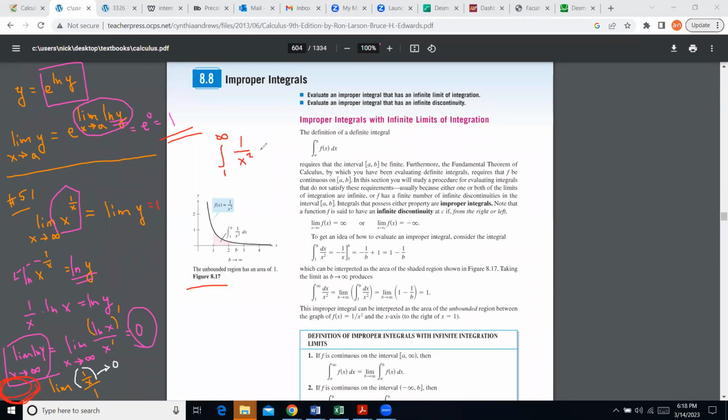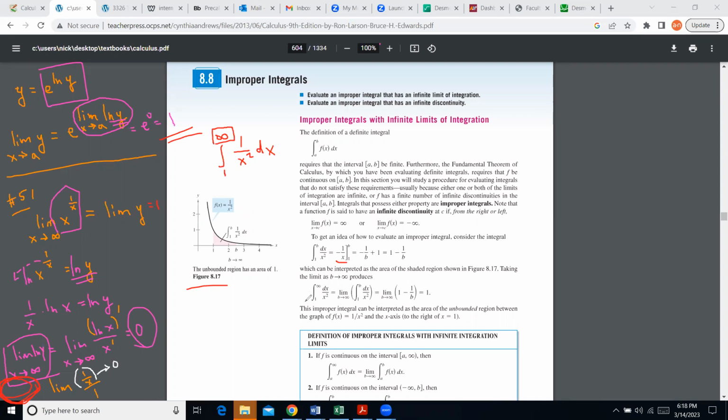You can find the antiderivative, of course, and that's what they did in here. It's minus 1 over x. But then how would you plug infinity into the upper limit using the fundamental theorem of calculus? And the answer is they found a way.